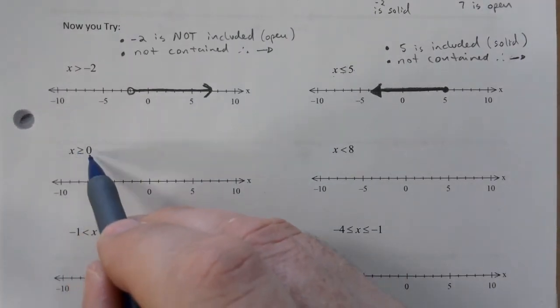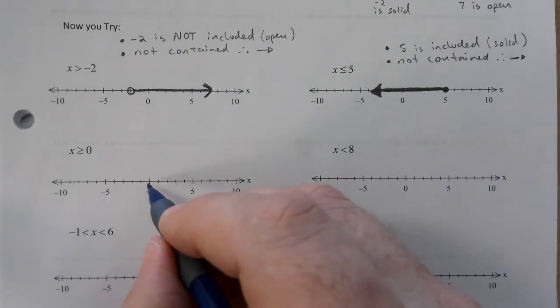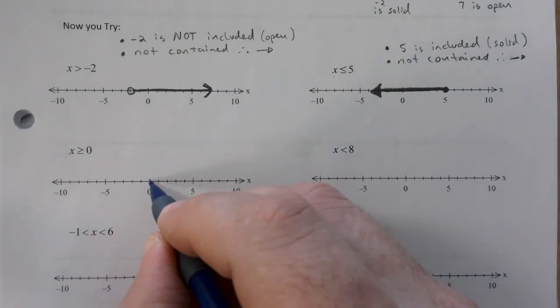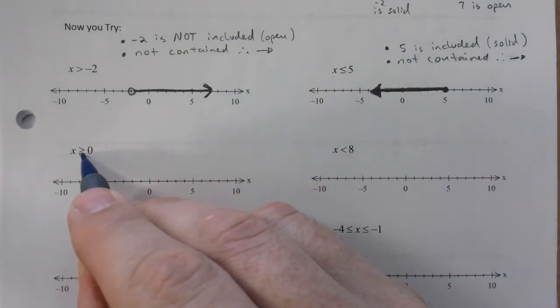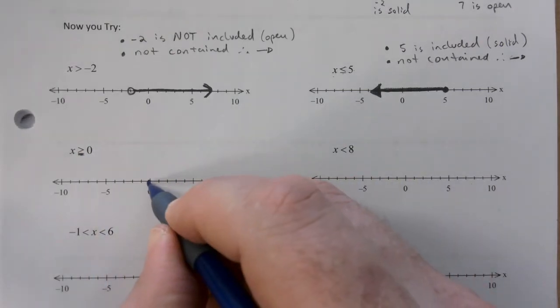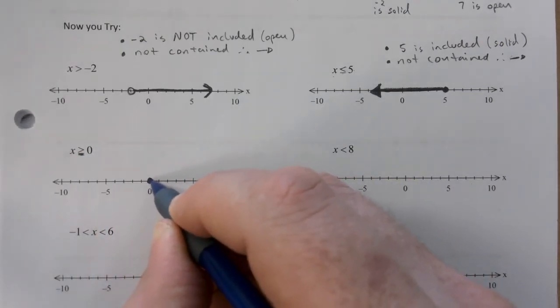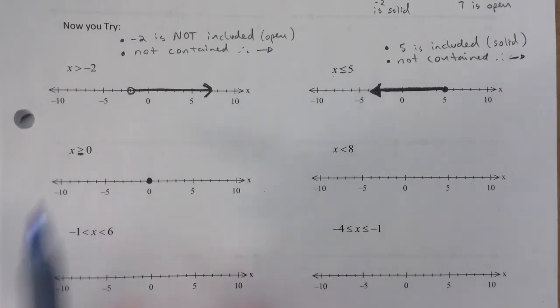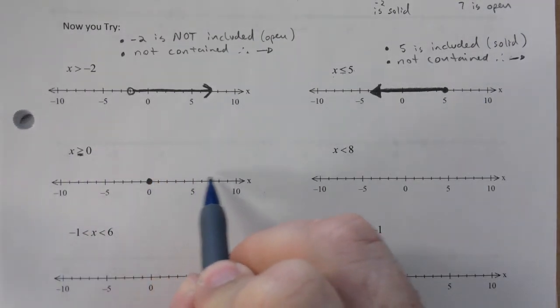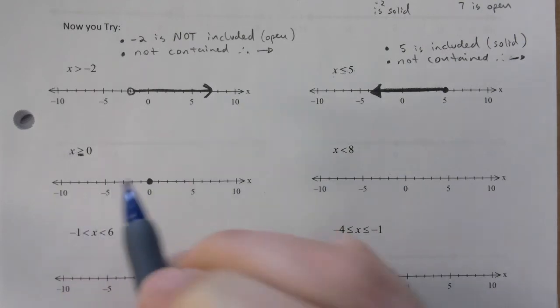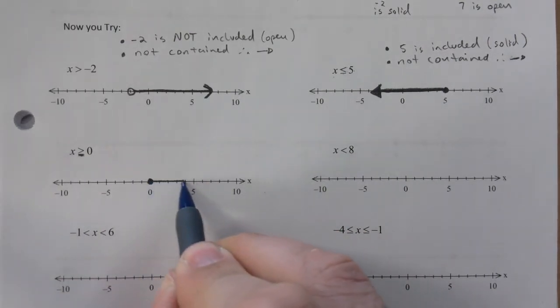x is greater than or equal to 0. If this is 0 here, because of the equal sign it will be a solid point like this. Which way am I going, left or right? Greater than, so we go this way.